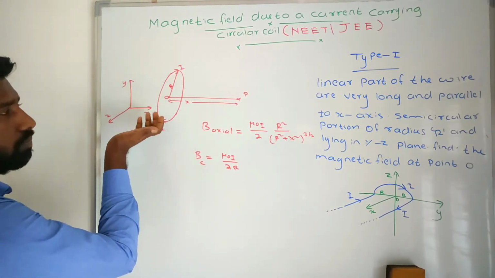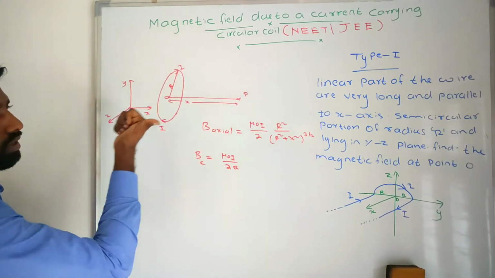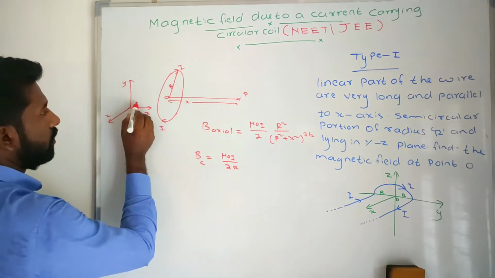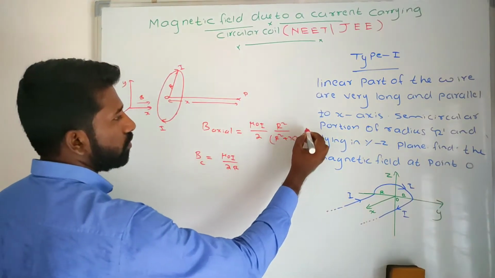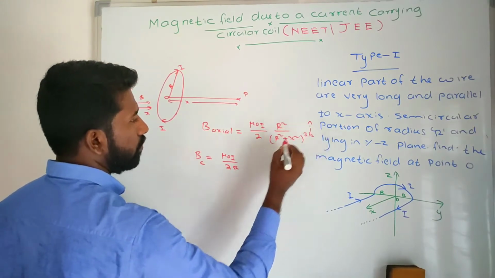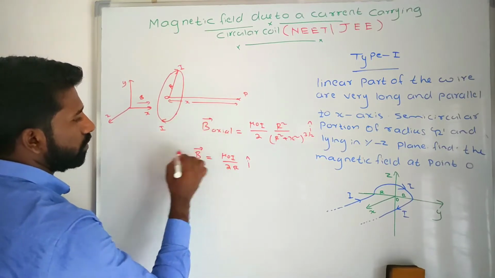I curl my palm in the direction of current, then the thumb gives the magnetic field direction, that is along the x-axis. So here you can write it as i cap, here also i cap. This is the direction of the magnetic field.